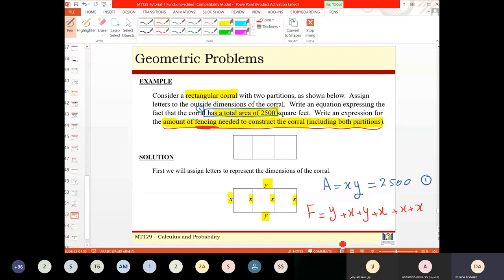This is the amount of fencing that we have here. So 2 Y's here, and how many X's? 4 X's. So this is the amount of fencing that you'll need.